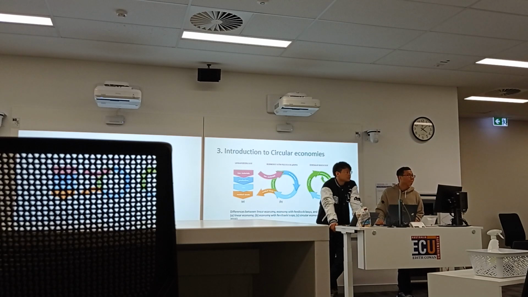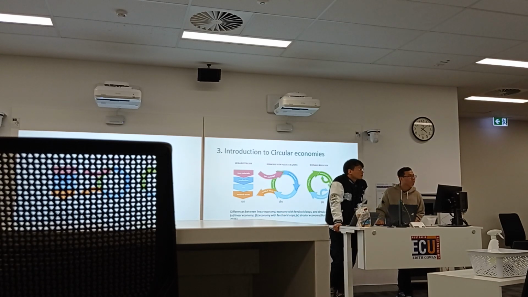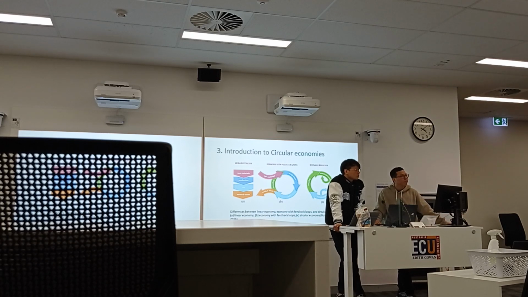I think the example is because electrical devices can be repairable. That's the intention of the electrical device, because you can repair it. That's the point actually. So it's not in the linear economy to begin with. So there is no point in renting or giving back to the company.